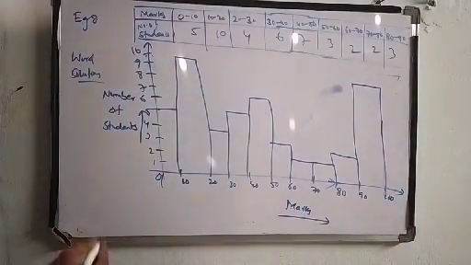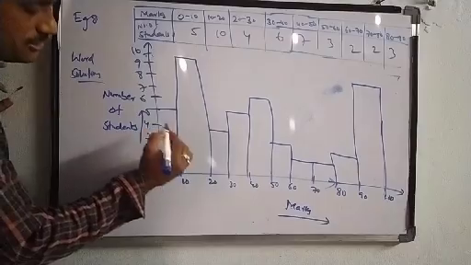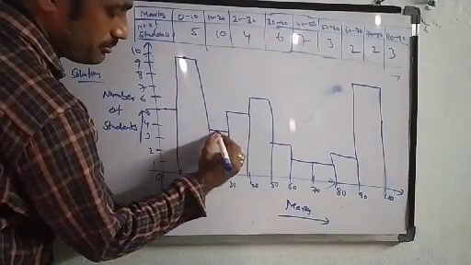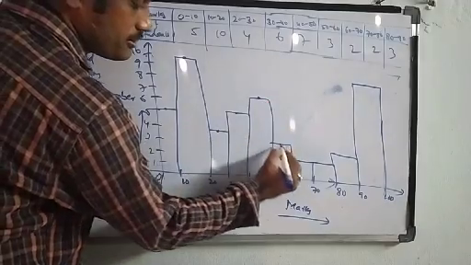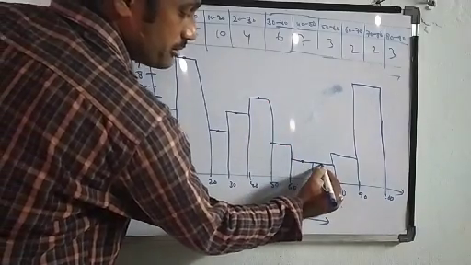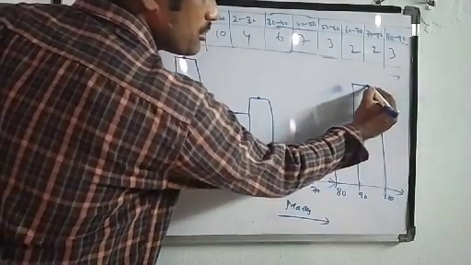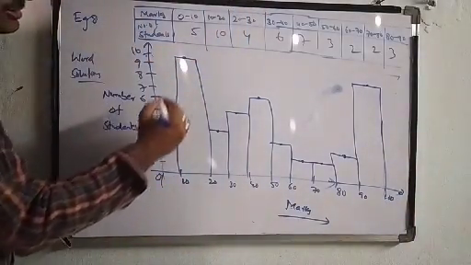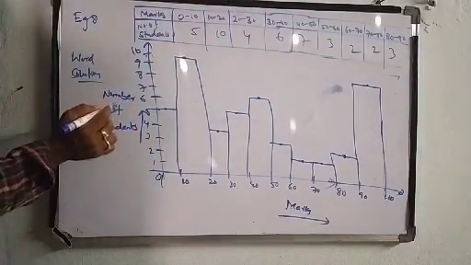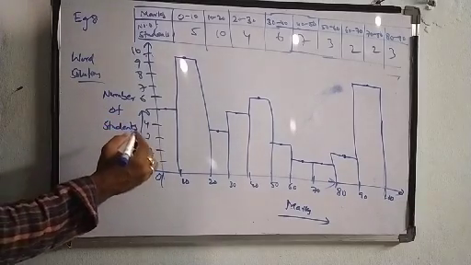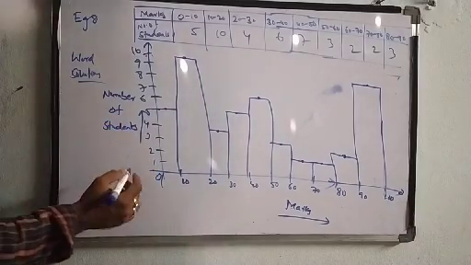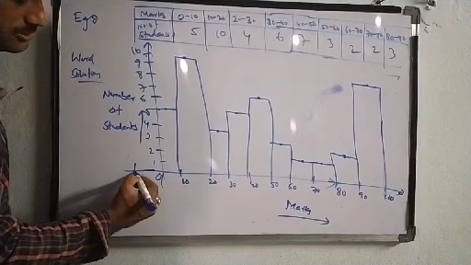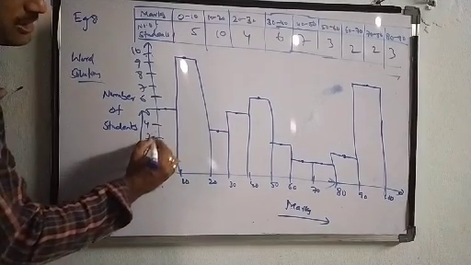Now the question is to draw the frequency polygon for this. So let us identify the midpoints first. So these are the various midpoints. Let us take here minus 10 so that clarity will come. So I am joining by scale.